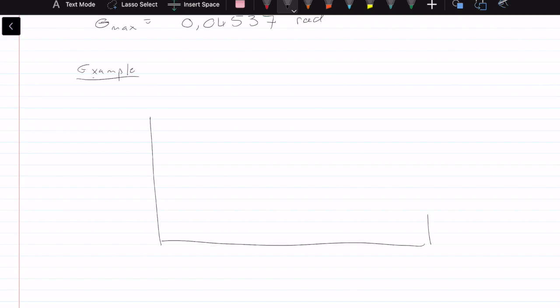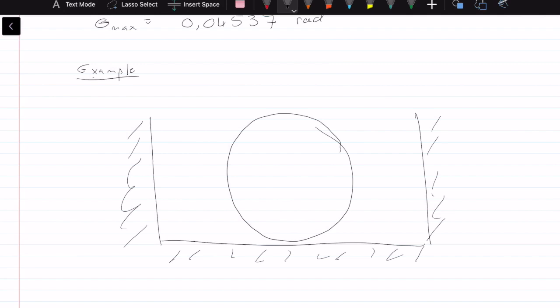Okay, so the next example looks something like this. We have a nice wall. Then we've got a disk. There is no slipping. This is the point P. We've got that distance R, and we've got a damper connected to the wall, and we have a spring connected right there.